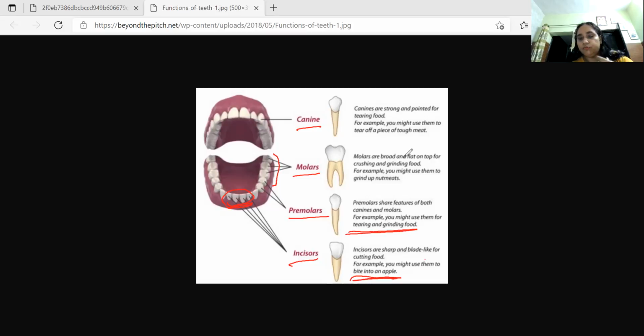Like this, you grind the food. Then canines, which are present over here on the top, two pointed ones, are used for tearing very hard or rough surfaces, like packets, or you tear off the meat. So you tear off with these, right?